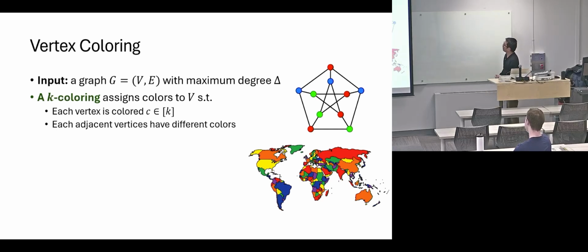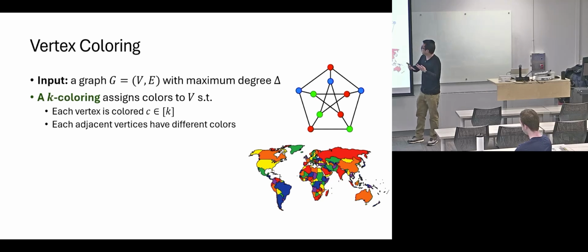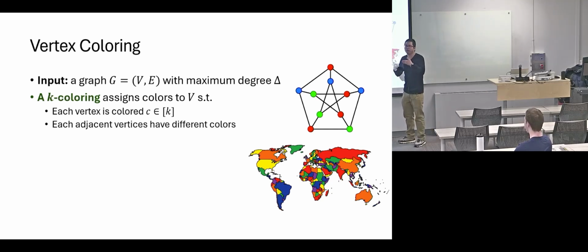But in general, why do we care about vertex coloring? The point is that for each color, the vertex set of that color has no connections within itself. Sometimes you can think of each edge as a conflict between two nodes.